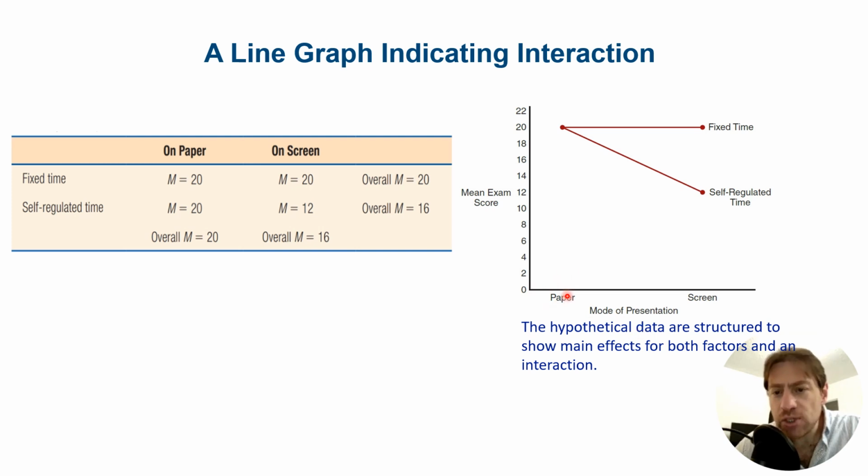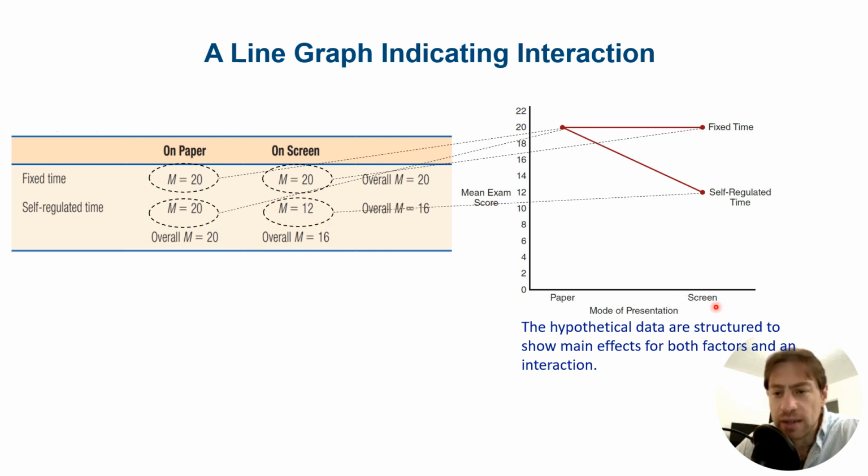And here for each level you're going to plot the values for the other two levels of the other factor, right? So for paper, you will plot the fixed time value of 20 and the self-regulated time of 20. So those two dots are going to overlap there. And then for screen, you will plot the fixed time value of 20 and the self-regulated time of 12.